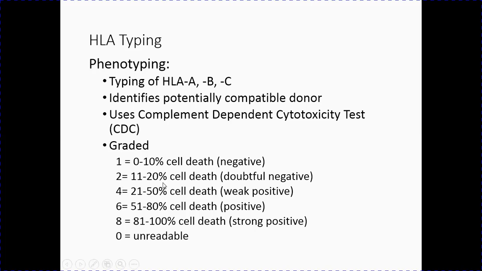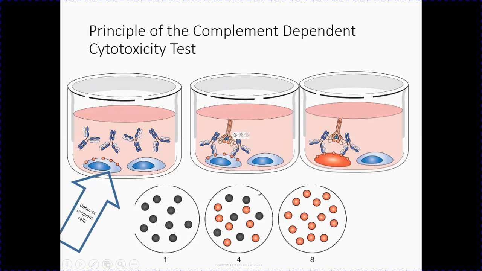But let's pretend they didn't do that to us. 50% of the cells were dead, so it's a weakly positive reaction. There are some cells that have this antigen on them, about half. Some cells do not. These cells have the antigen, so they didn't take up the stain. These 6 cells did not have the antigen, and so they didn't react.